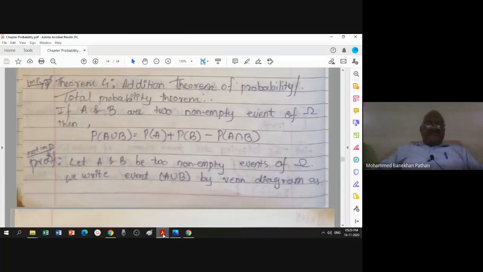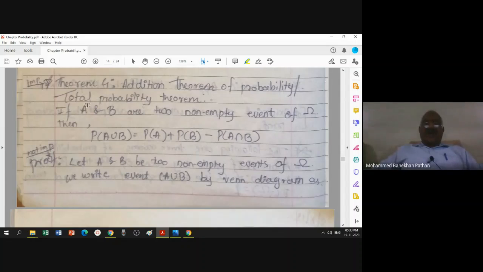In that case, the statement was like this: probability of A union B equals PA plus PB minus P of intersection. Here we assume that event A and event B are not disjoint.